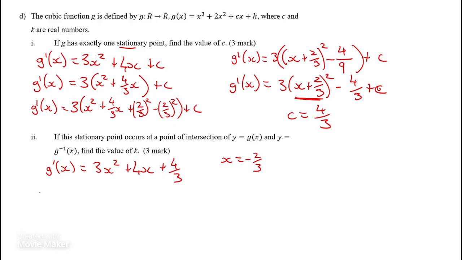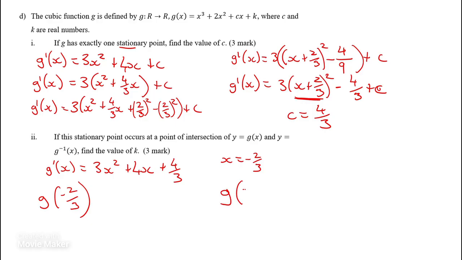Okay, so that's the next part that we know. All I'm going to do is substitute that into my function. So substitute now the turning point, because that's what we're wanting.